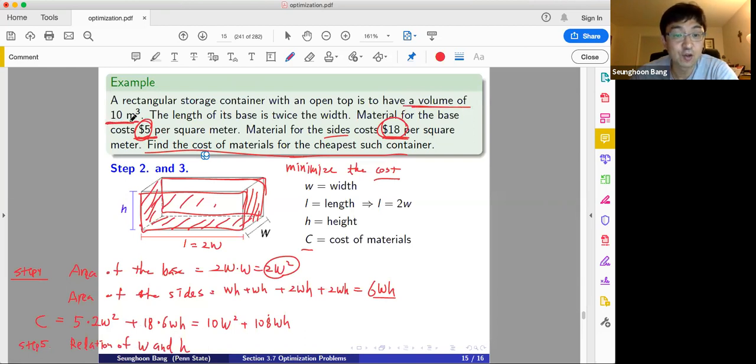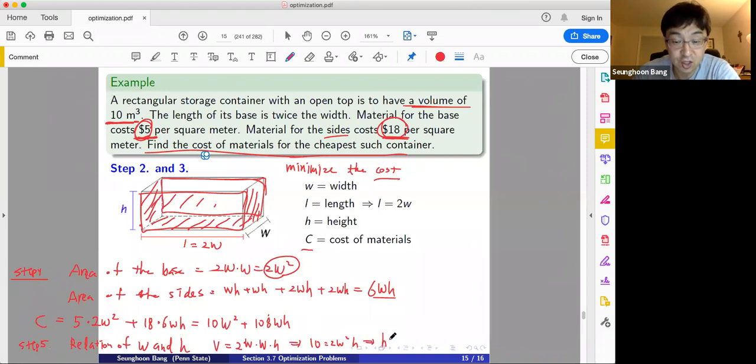We have this information: the volume is 10 cubic meters, right? You can use it. The volume is the length 2W times W times H. So the volume is given as 10 cubic meters, and 10 equals 2W squared H. I want to solve this equation for H. You can divide both sides by 2W squared.